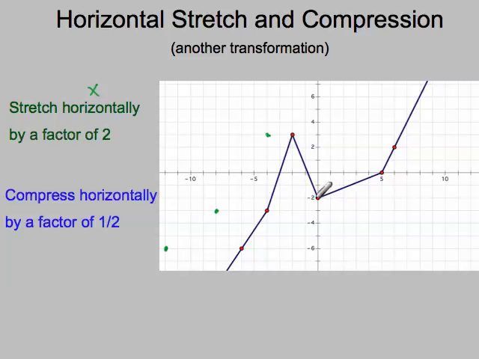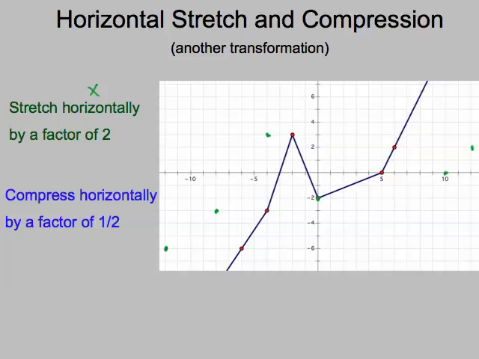When I come down here, my x value is 0. So 0 stretched by a factor of 2 is still 0. I leave this point where it is. Now I'll come over to this other critical point. I get 5 times 2 is 10. And on this point, I'm stretching horizontally by a factor of 2, so 6 becomes 12.